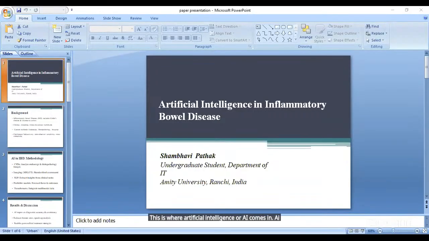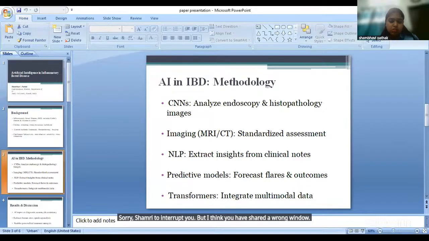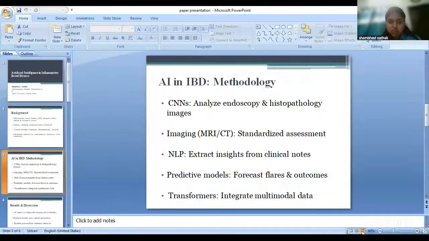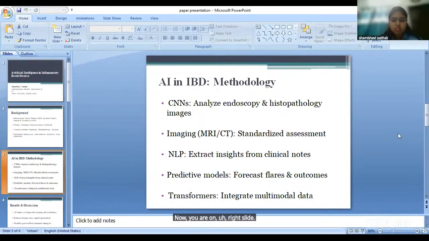AI can. Sorry, Shamvi, to interrupt you, but I Yes, think you sir. have shared wrong window. Yeah, now it's okay. It's not in full screen, that's why. Okay, sir. Sir, it is visible. Now you are on right slide. Okay, sir.